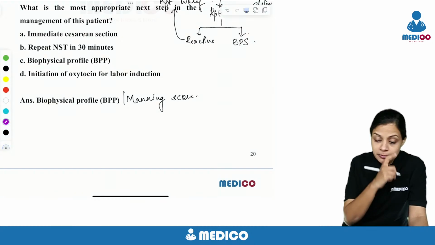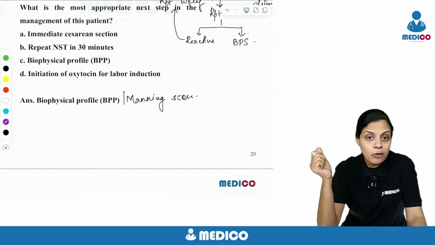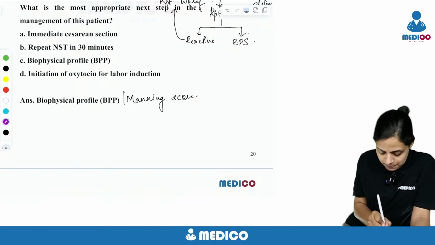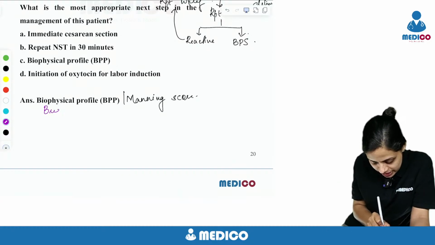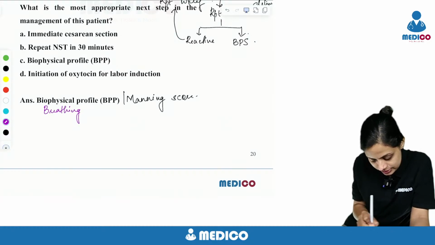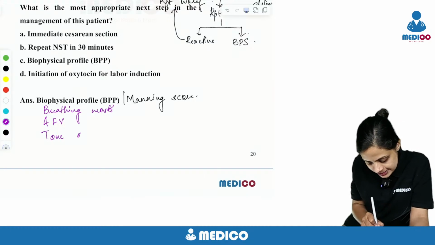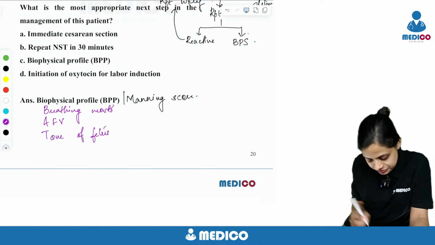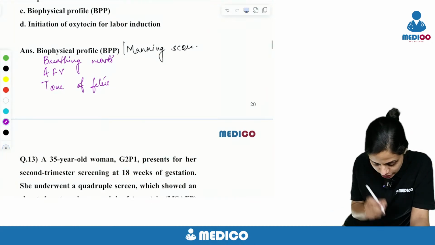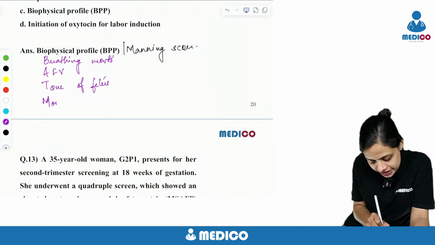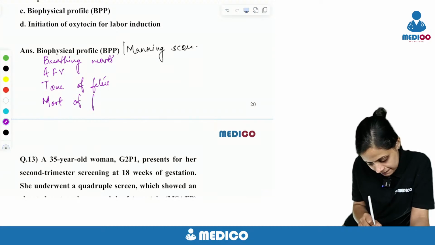What are the components of the Manning score? You have the mnemonic, Batman, where you have the breathing movements, the amniotic fluid volume, the tone of the fetus, then the movement of the fetus, and the NST.